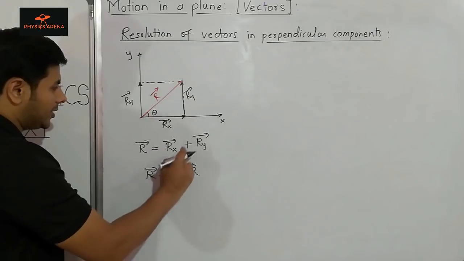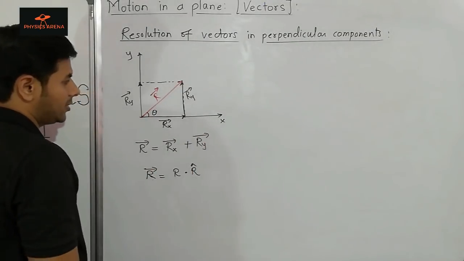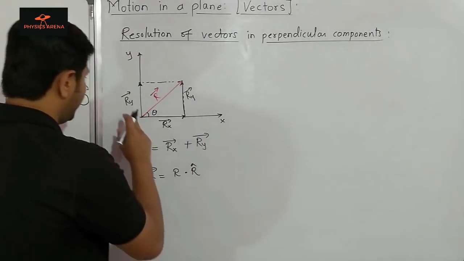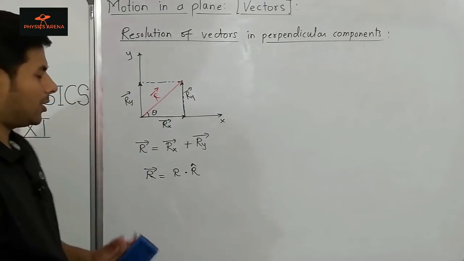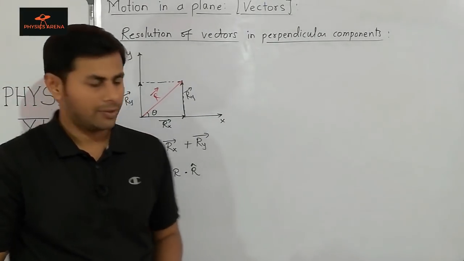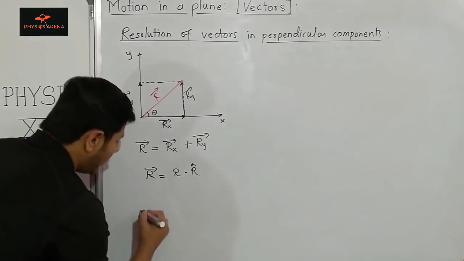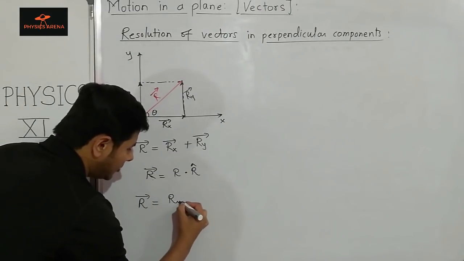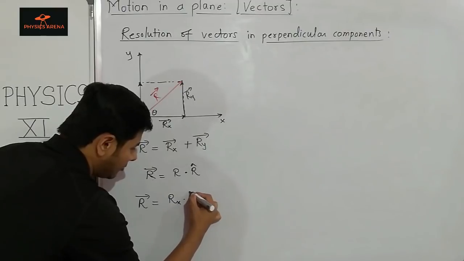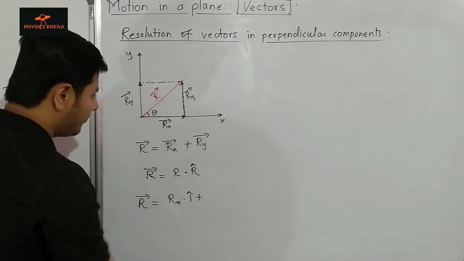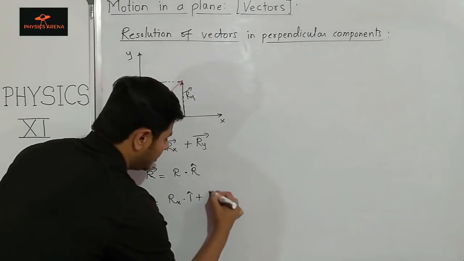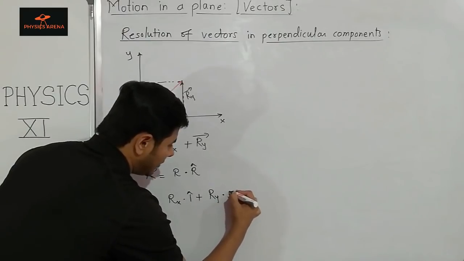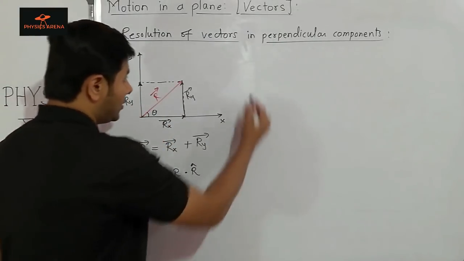Now the unit vector along the x-axis is called i cap, and we call the unit vector along the y-axis j cap. So I can write r bar is equal to rx, the magnitude, multiplied by the unit vector, which I will call i cap, and here ry multiplied by the unit vector, which I will call j cap.